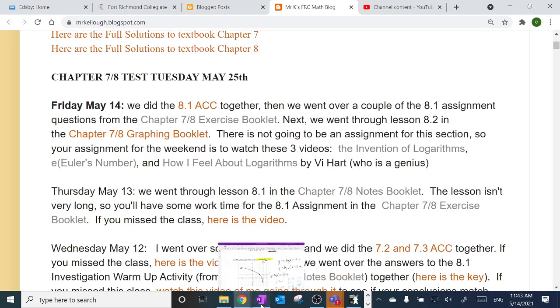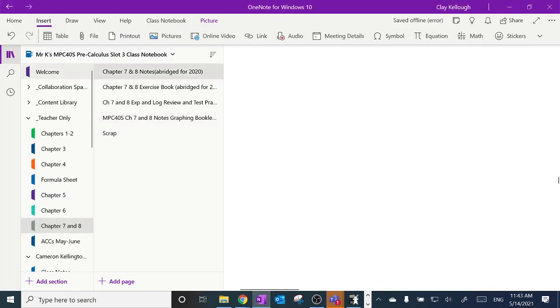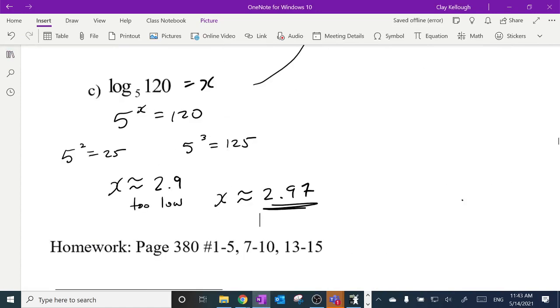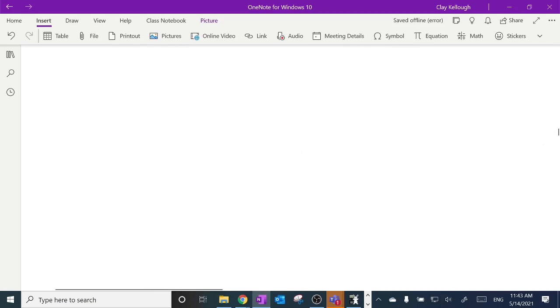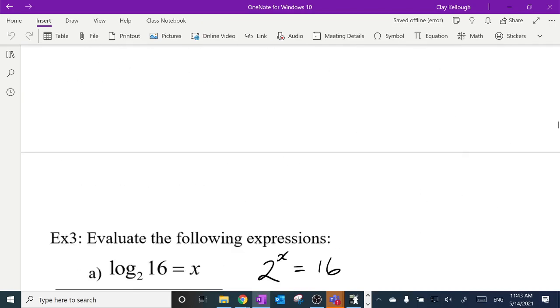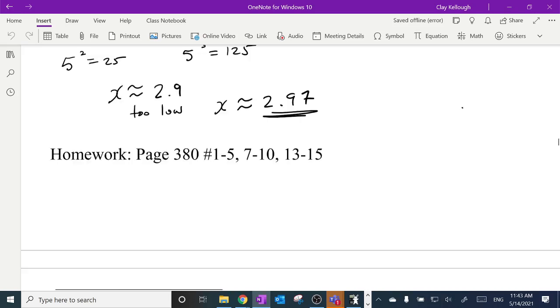Remember that you can always go back to the notes booklets, and we still have the textbook assignments at the end of every chapter, right? So if 8.1 was not your friend as you were trying to do your homework, there's always extra practice that you can get from your textbook. But Ms. Bednarski put together a really cute little worksheet, so I'll put that on the blog too. I'll make it optional. If all of the questions in 8.1 are easy for you, we don't want to waste your time or anything. But if you want more practice, it's there.